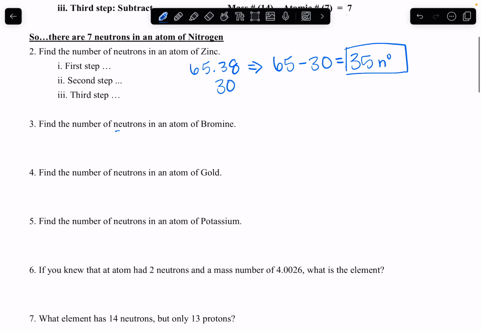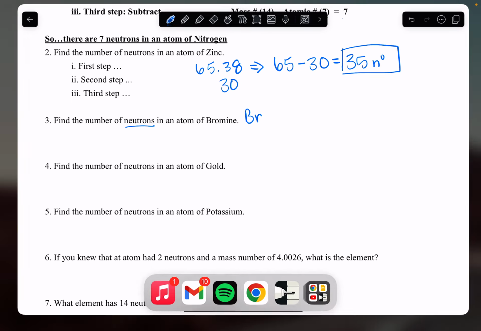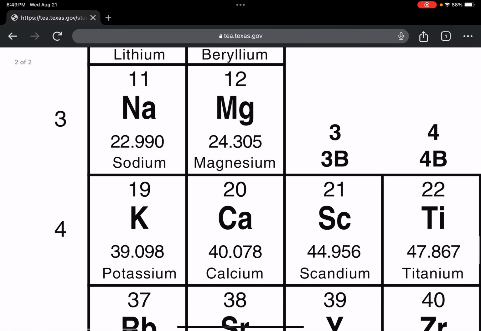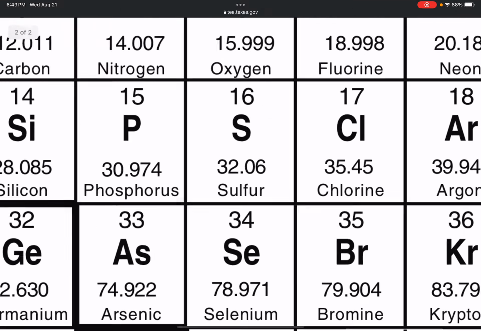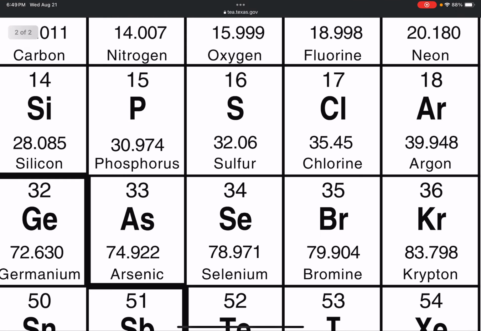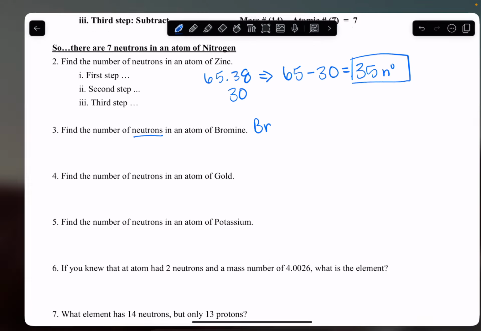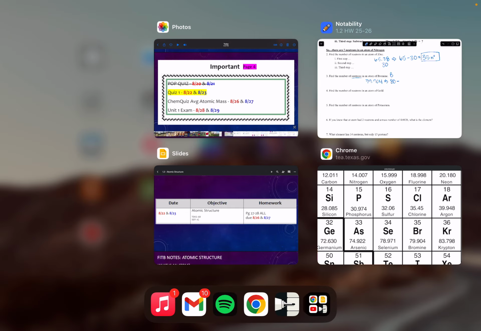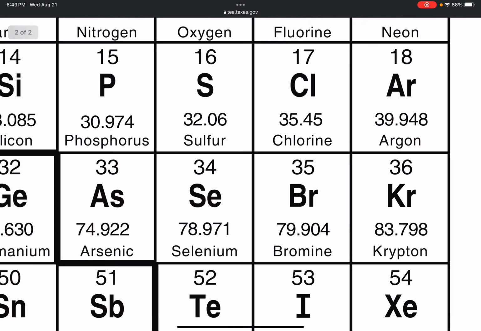Okay, so let's find number 3. Number 3 says find the number of neutrons in an atom of bromine. Bromine is Br, so let's go find it. Oh, it's over here. Bromine's mass is 79.904. Okay, that rounds to 80 minus my atomic number, which is 35.